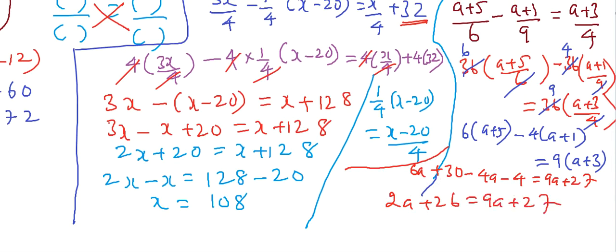Now let's group all the terms containing the variable to one side, and as usual we move the smaller a term to the other side, so it becomes 26 minus 27 equal to 9a minus 2a.